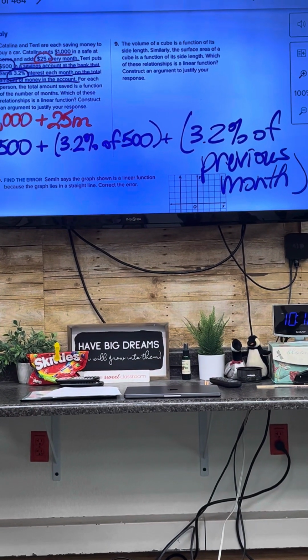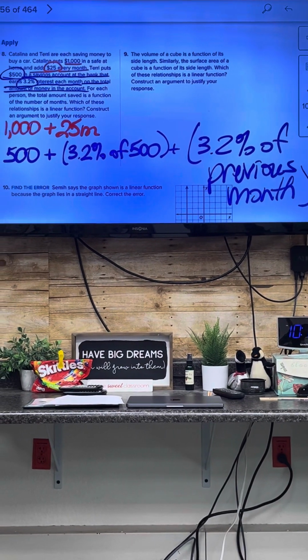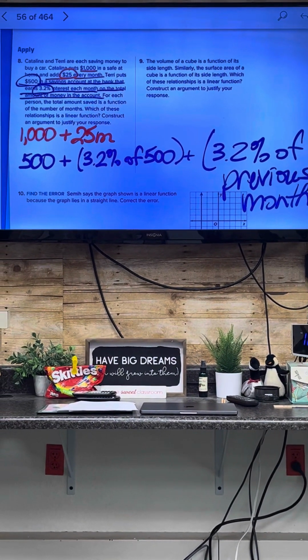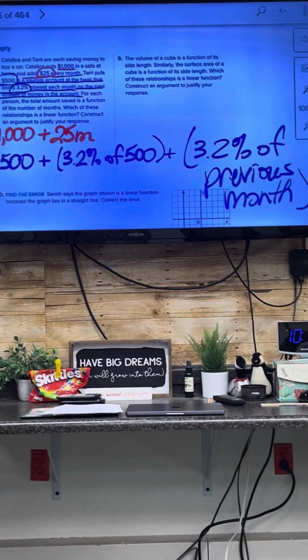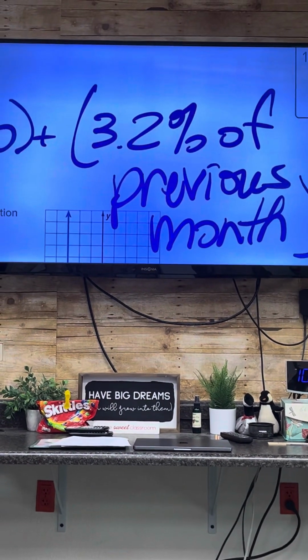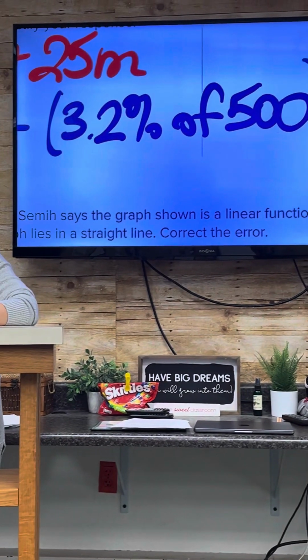Okay, so even though you don't know what numbers to write there, can you agree that this is not going to represent a constant change, is it? Because isn't 3.2% of something greater than 500 going to be a different amount than 3.2% of 500?